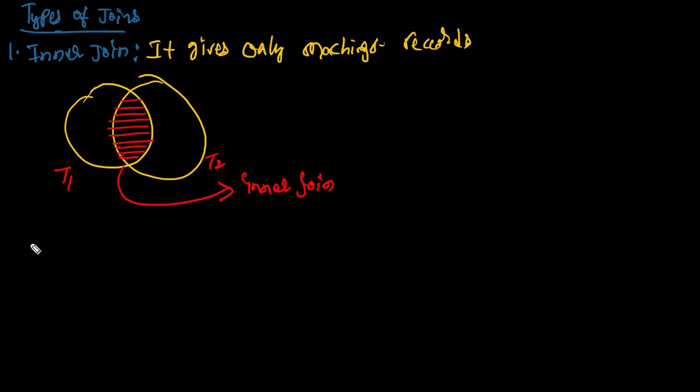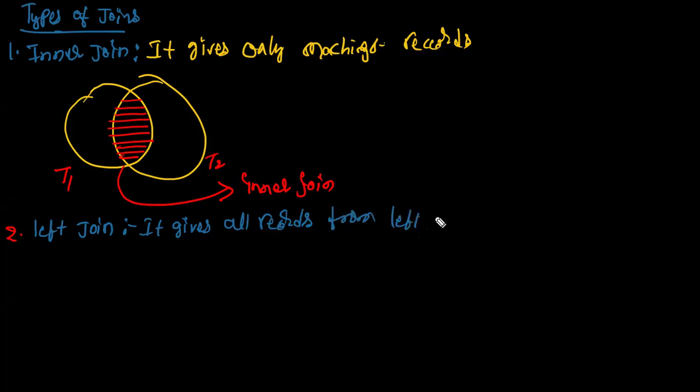And the second join I'm having is left join. It gives all records from the left side table and matching records from the other side table.